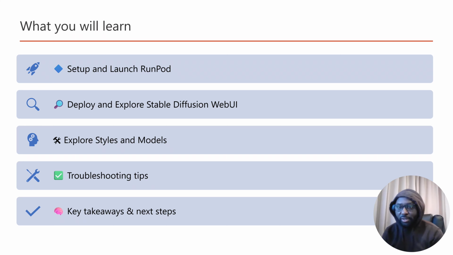If that is you, hit the like button and follow through to the end, because I will show you how you can take control of your image generation such that you can generate your own images uncensored.